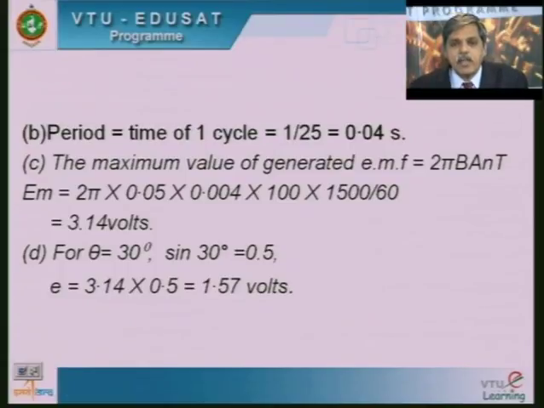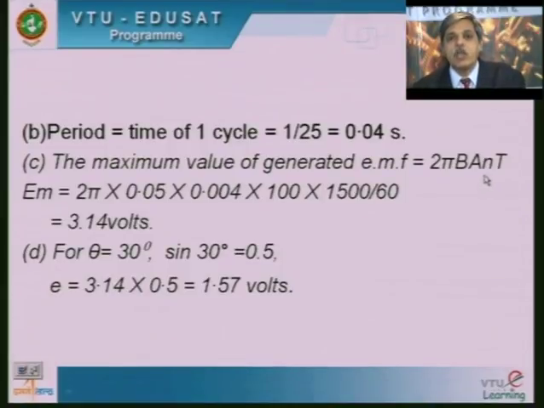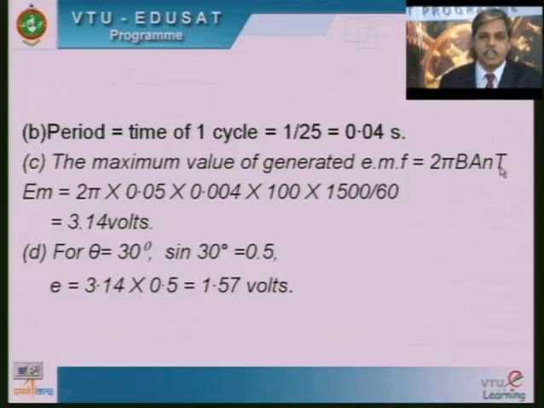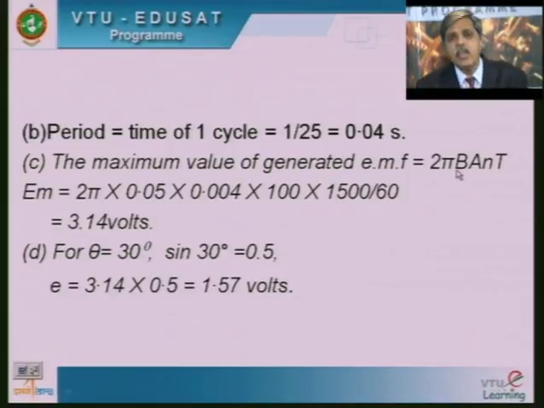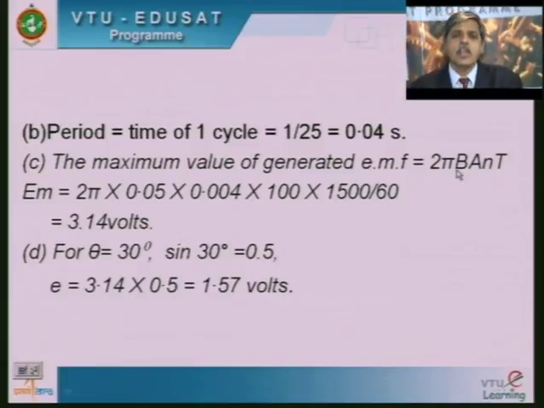This can be calculated when the two sides of the coil are given, length as well as width. Area is equal to the product of the length of the coil and the width of the coil. N is the speed in revolutions per second at which the coil is rotating, and T is the total number of turns. Normally the flux density is given in Tesla, and can also be given in Webers per meter square.